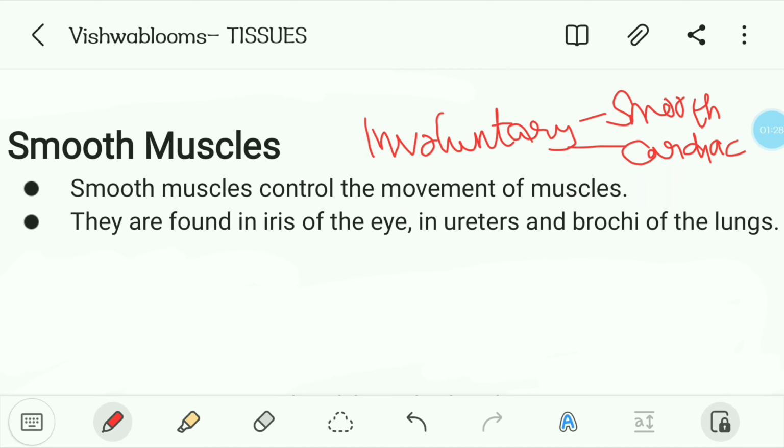Where are they found? They are found in the iris of the eye, inside the eye, which has many parts. They are also found in the ureters and the bronchi of the lungs. Now we will see the cardiac.